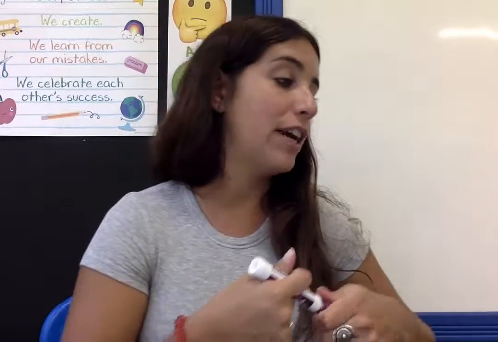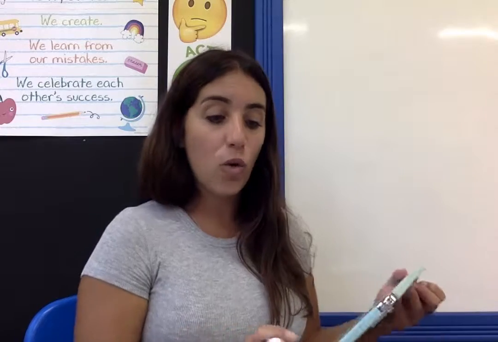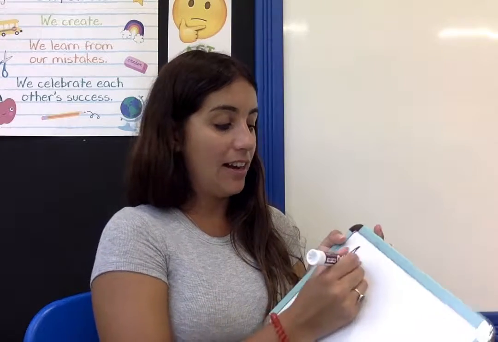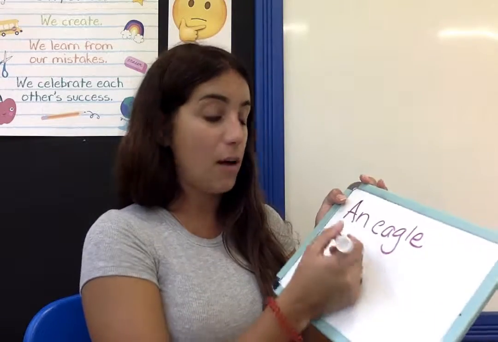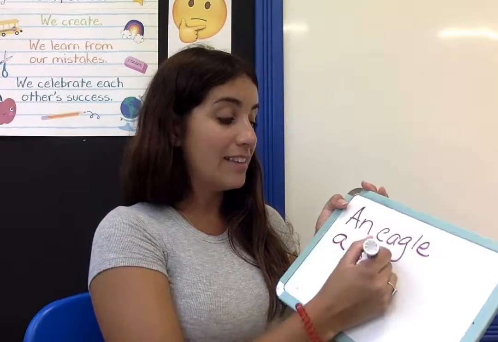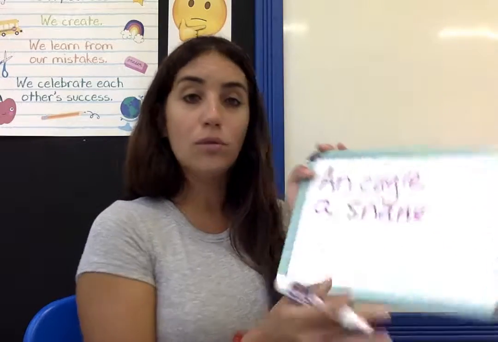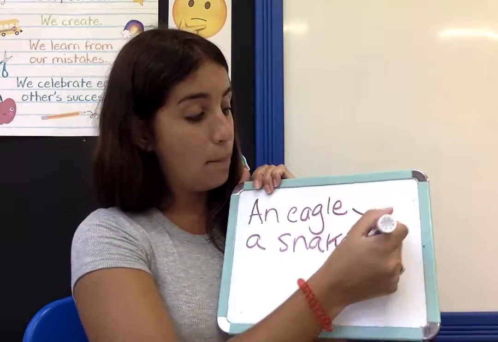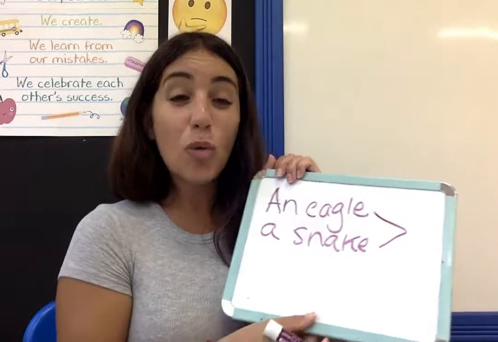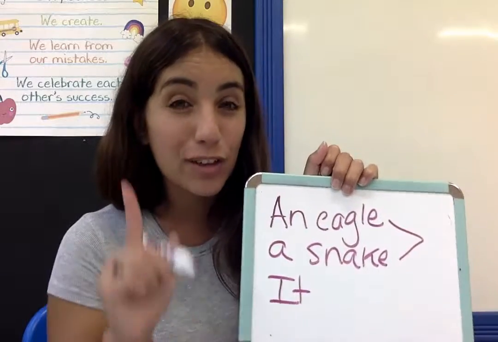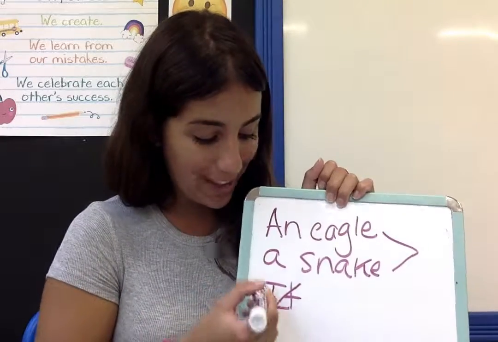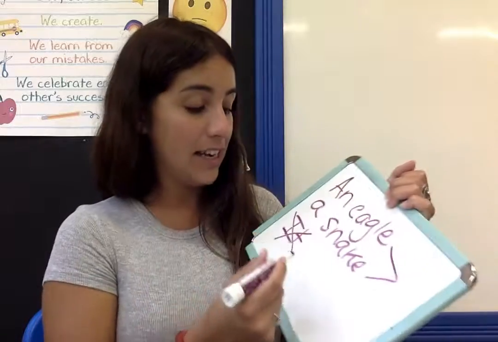So now we have to do things a little bit different because our subject is more than one thing. So we have the subject as an eagle, and we also have another noun, which is the subject, which is a snake. So those are two different things. They are both the subjects of the sentence. So instead of writing it, which is only for singular sentences, we cannot write it in this sentence.